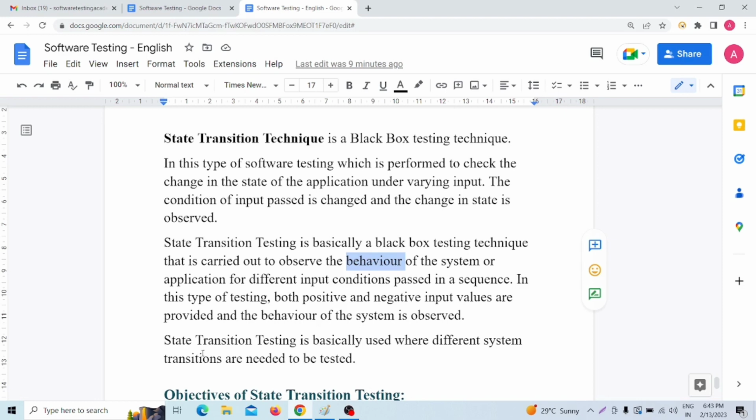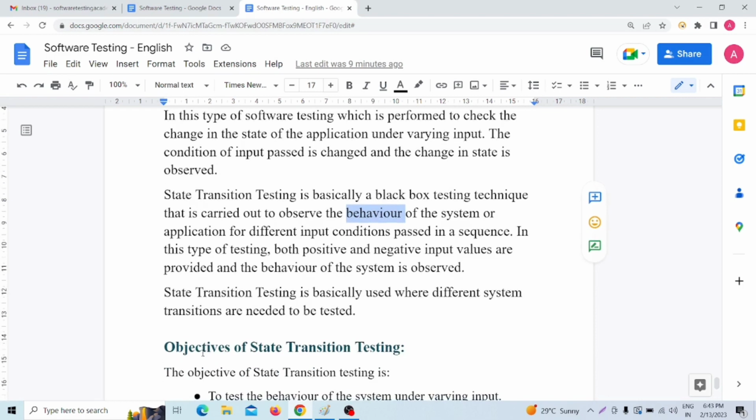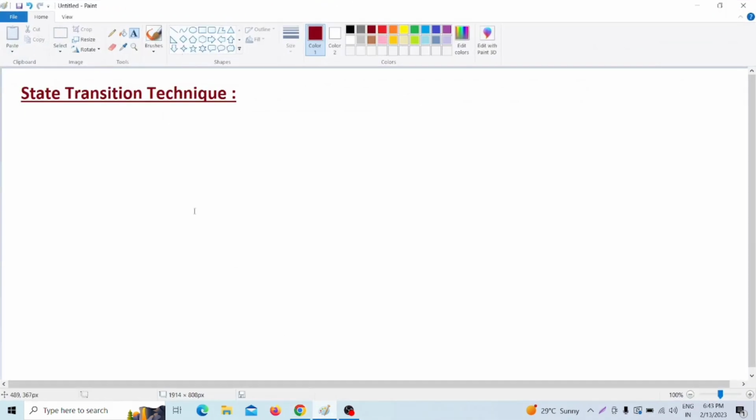All the different stages, or we can say all the different phases, we have to test. Now what are the phases? Let me discuss it. I am drawing one diagram so that you can better understand how the state transition technique works. First let me give a real-time example.